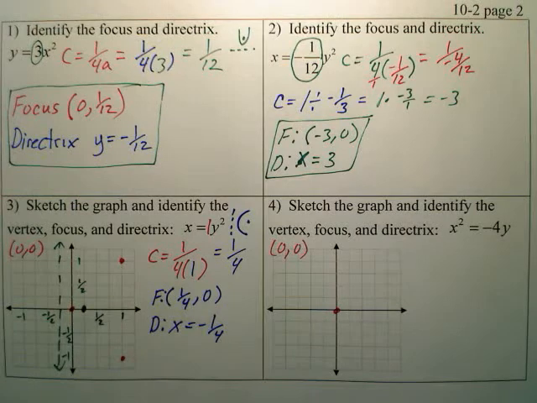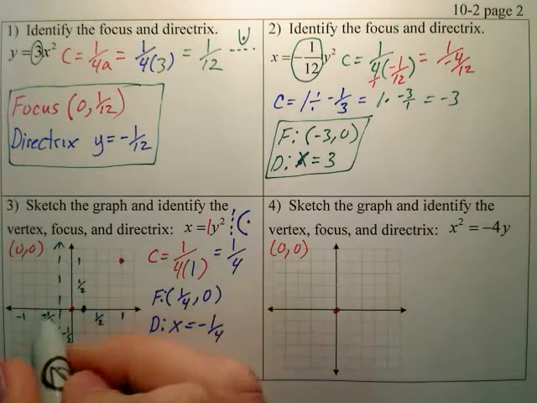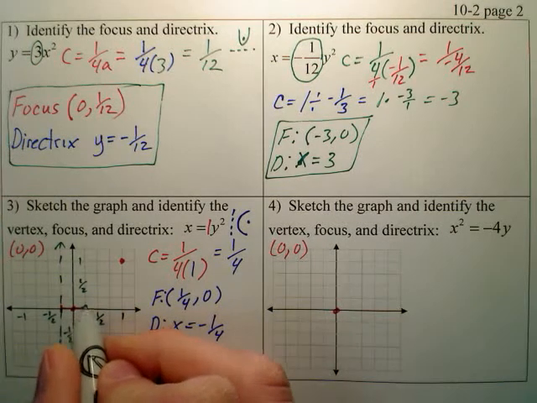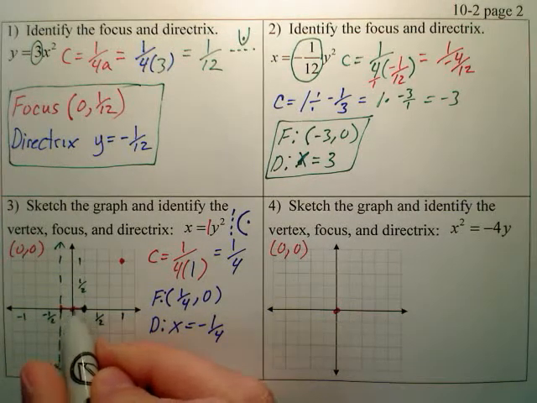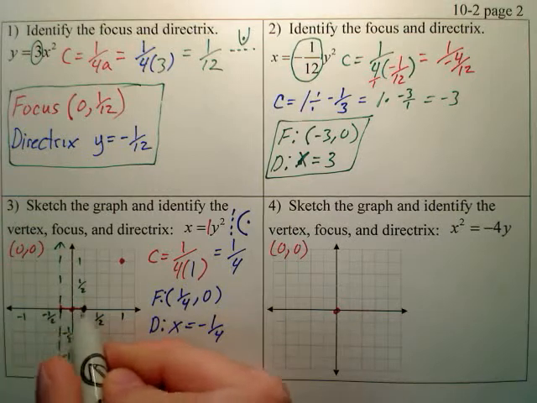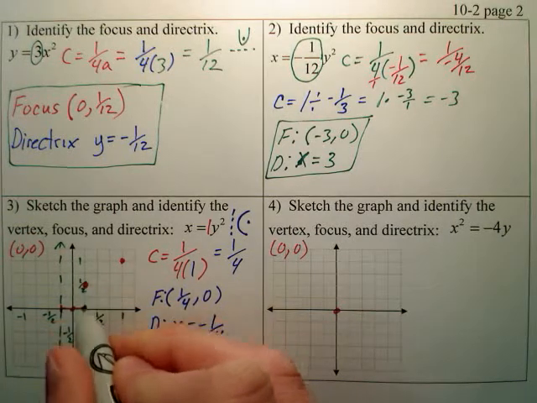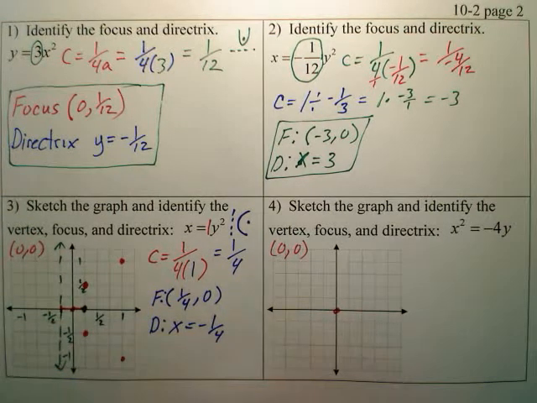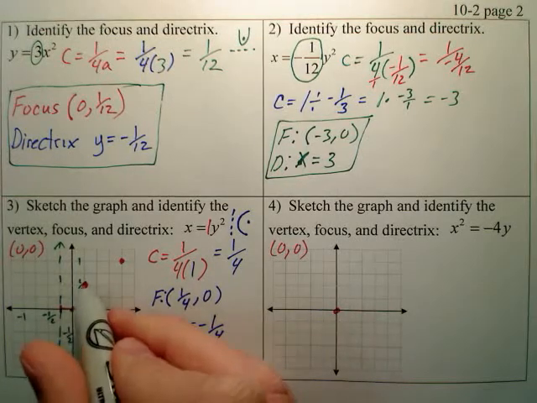That's the easiest. The other way to do it is to look at the distance from here to here. That distance is 1/4 plus 1/4, which is 1/2. And you take that distance from the focus and go up and then down.